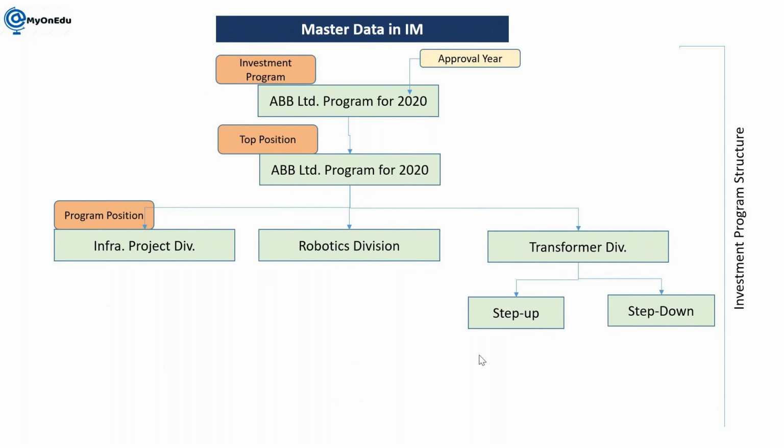All these projects are captured and managed by the step up department. The estimation is submitted to the next level of the hierarchy, say the transformer division, then goes to higher management, who will agree or disagree on the submitted estimation.